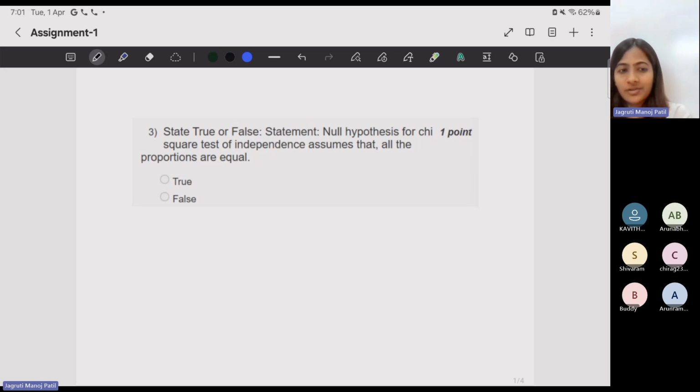If they do not, answer is false. True, exactly. So it is true. Just keep in mind that it's your null hypothesis. So yes, we assume that it is equal. Okay.